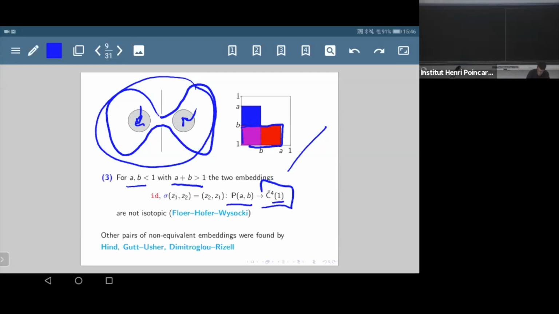You cannot move this one to this one inside of this open cube. It was done by Floer-Hofer-Wysocki as a first application of symplectic homology for subsets of R4. And you understand that if you would allow for a global symplectomorphism, you could do again by swapping. So compact support is important here.